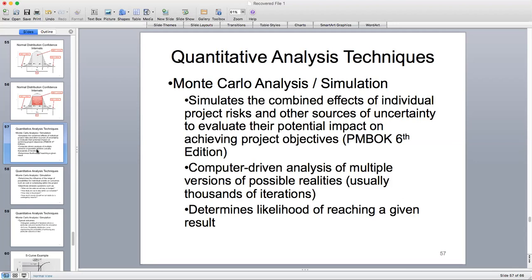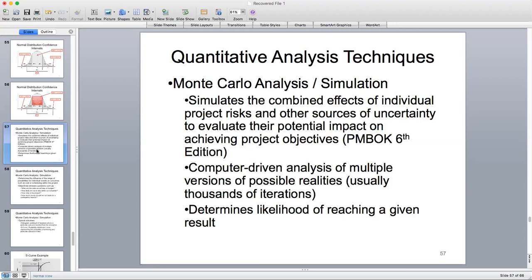But Monte Carlo simulation is far more advanced, and what it does is take those values and simulate the project along the distribution that you assign. As it simulates the project, it accumulates all of these values into a model.